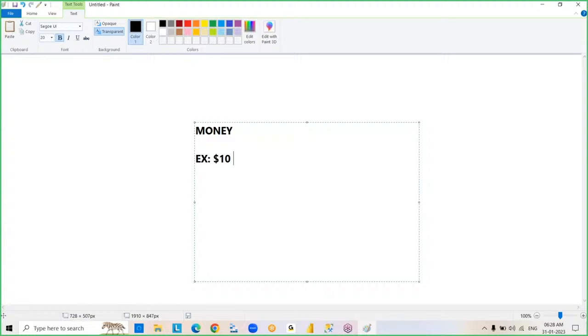That is the scenario. So you want to store currency values and you want to go for calculations also. Then we are going to use this money data type.